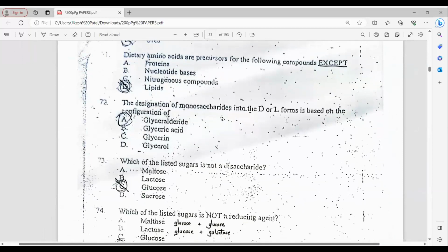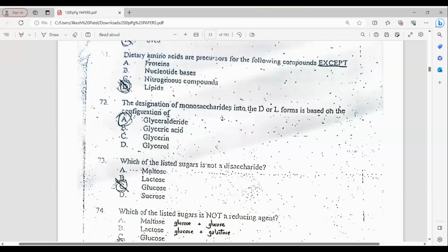Dietary amino acids are precursors for the following compounds except, and amino acids can be converted to what?